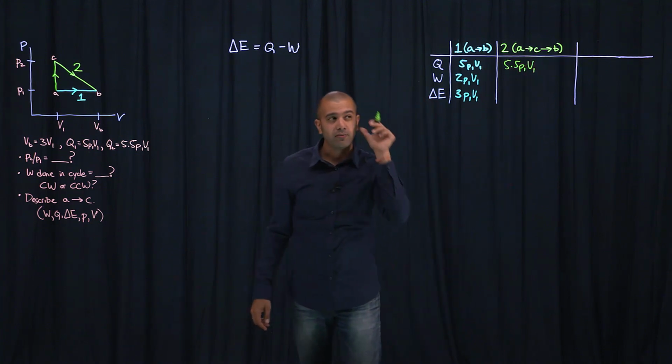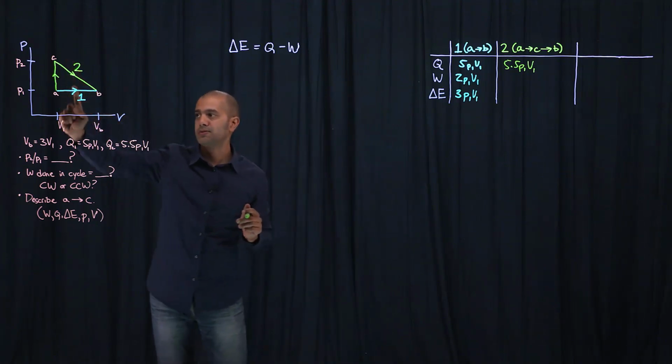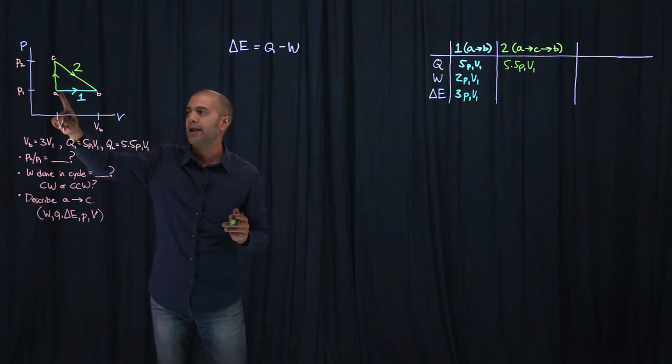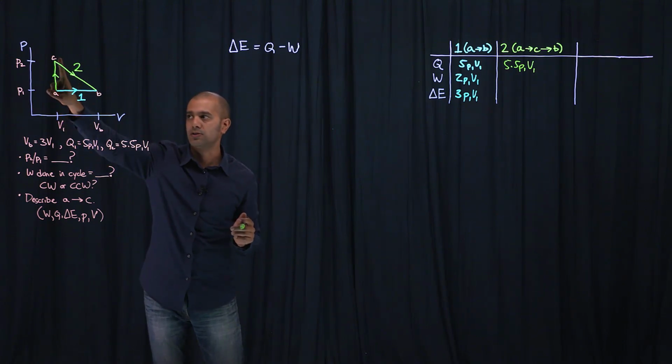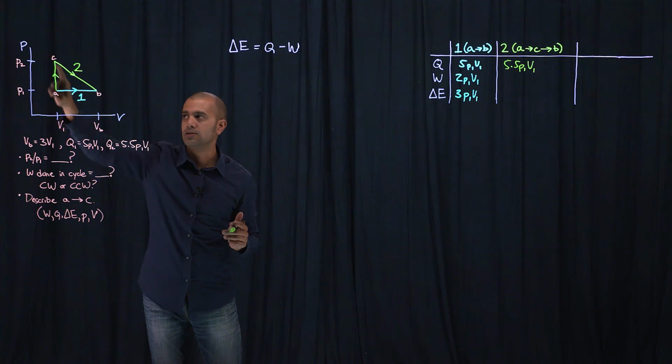To find the amount of work done along path 2, just find the integral. We can do it in 2 steps. Remember, path 2 includes both A to C and C to B. A to C is a vertical line which has no area beneath it. The volume doesn't change, so there's no integral, and no work is done. So the work along A to C is 0.